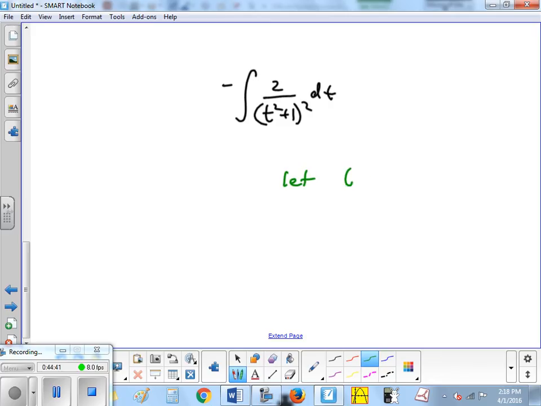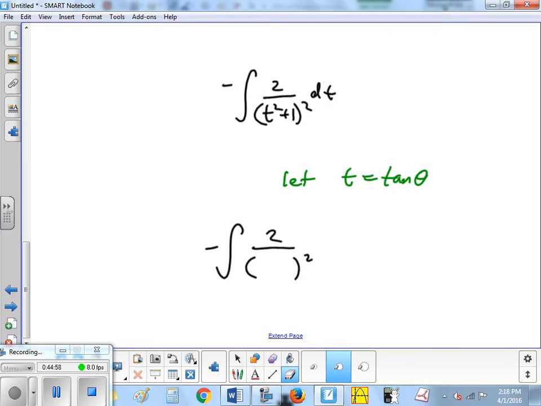I'm going to let t represent tan theta, because I don't know what to do with t squared plus 1, but I've seen tan squared plus 1 before. And that means if I do that, then dt is going to be sec squared theta d theta.